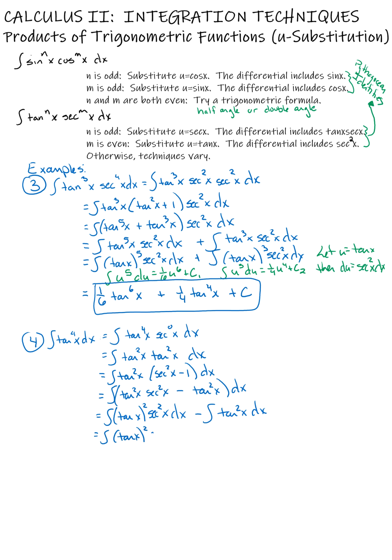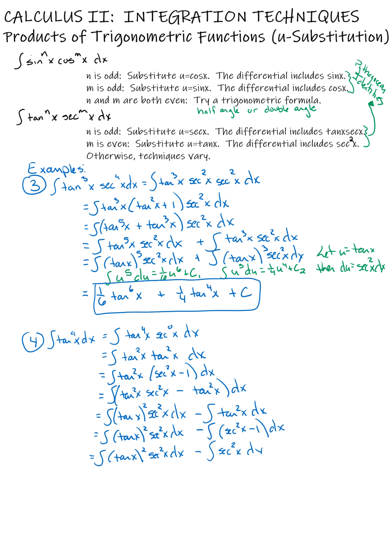So this first one, I'm just going to leave it alone. Minus tangent squared, remember, is secant squared x minus 1. So what we now have are three different integrals. So we have the integral of tangent x squared times secant squared x dx minus the integral of secant squared x dx. Watch this.